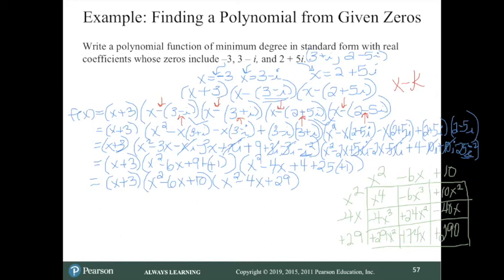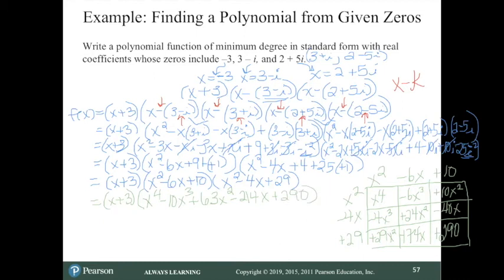Okay, equals x plus 3 times x to the fourth is my highest degree, x cubed. I've got a negative 4 and a negative 6. That gives me minus 10x cubed, x squared. I have 29 and 24 and 10 more. So that's 63x squared. I have negative 174 minus 40 more is minus 214x plus 290.